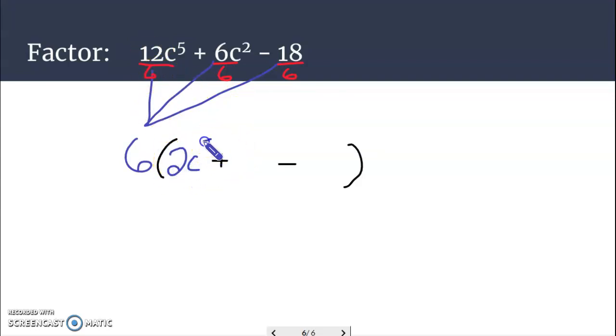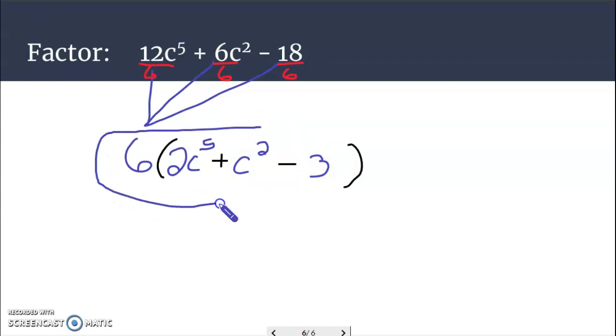Nothing happens to the c to the fifth, so we keep that put. 6 divided by 6 is 1, and we just have a c squared left. 18 divided by 6 is 3. Alright, so we have 6 times 2c to the fifth plus c squared minus 3 is our final answer.